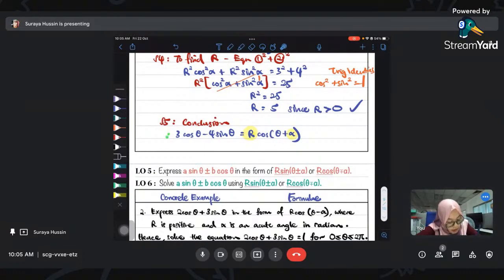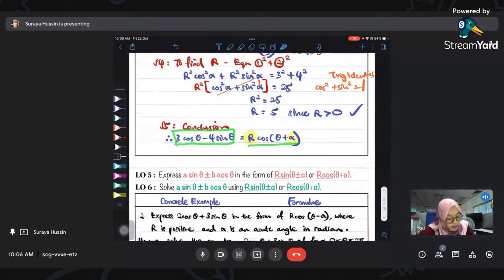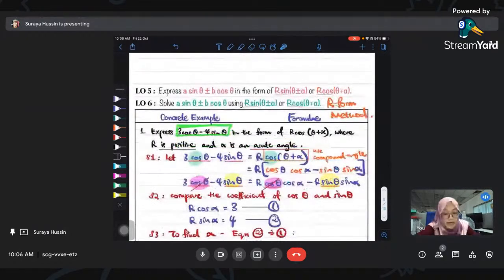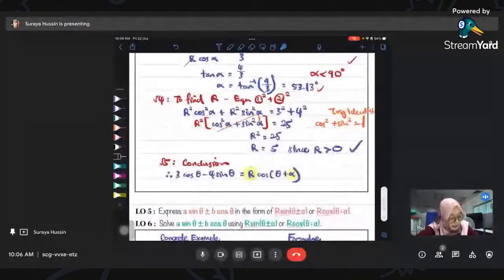You mesti tulis soalan balik because dia yang kata express. Dia yang suruh kita express these things in terms of R form. Therefore we gotta write whatever soalan kita yang diberi pada kita dekat sini. You gotta write that question back dalam conclusion. Kena tulis balik. And then equal to whatever value that you have R and whatever value that you got alpha.